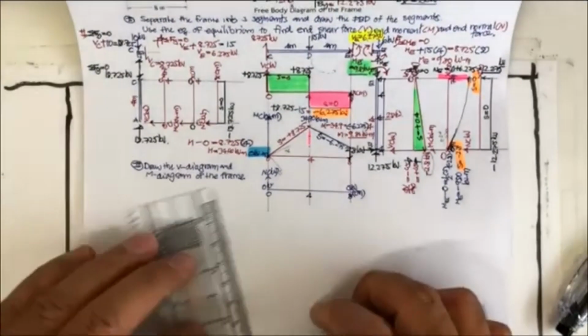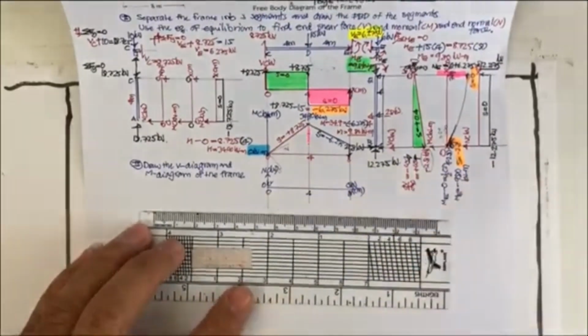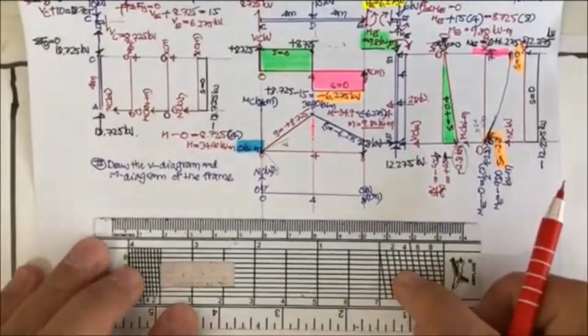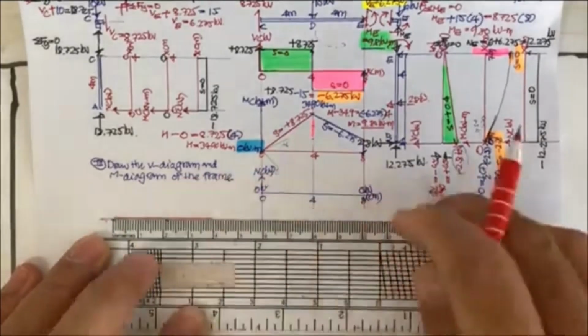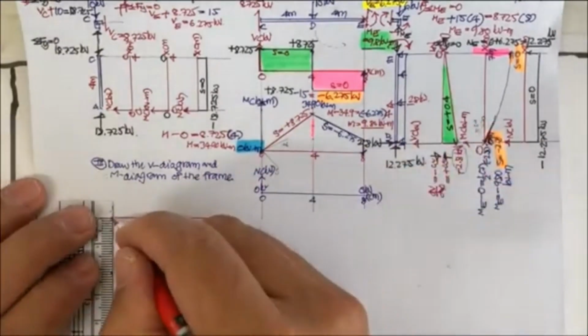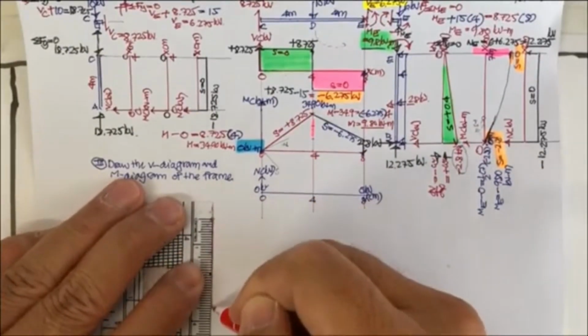By doing this, let me put this into the same figure. Let's zoom it a little bit. Let's see, this is going to be 8, and this is going to be 2 centimeter, and it's going to be 7, that is 3.5.